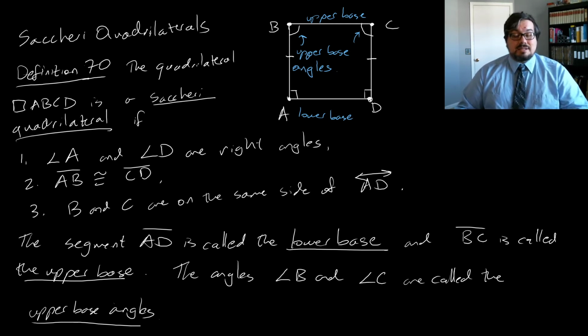Unfortunately, this is not the case. They can be non-right angles in some cases. Nevertheless, Saccheri quadrilaterals have sufficient structure to them that there are lots of things that we can say about them, lots of nice symmetrical things that they have.